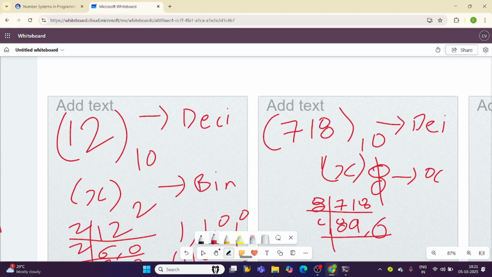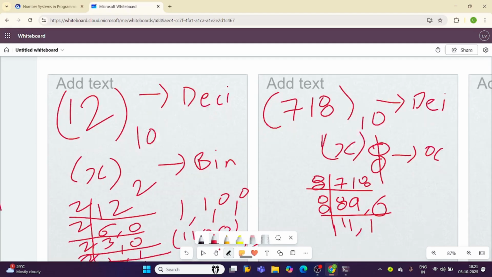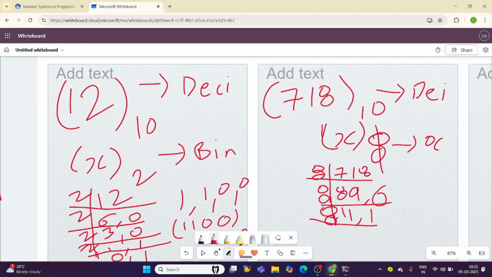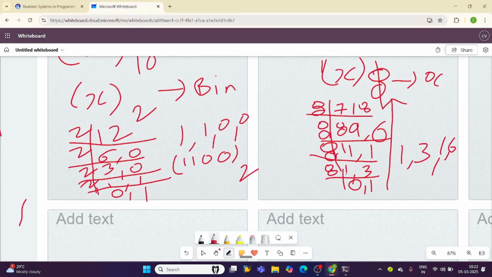Divide again: 11 as quotient and 1 as remainder. Again: 1 as quotient and 3 as remainder. Again: 0 as quotient and 1 as remainder. Now arrange the remainders from bottom to top: 1, 3, 1, 6. So the octal form of 718 is 1316 with base 8. Therefore x is 1316.